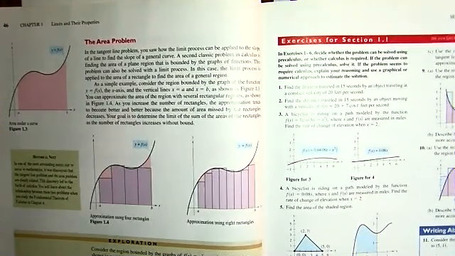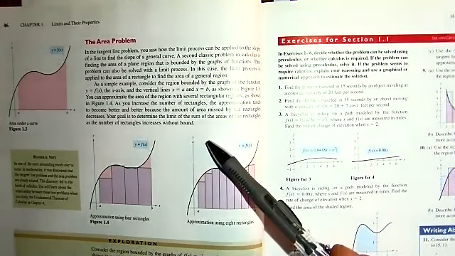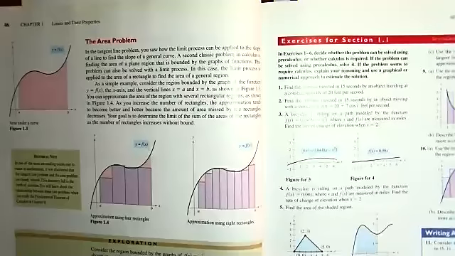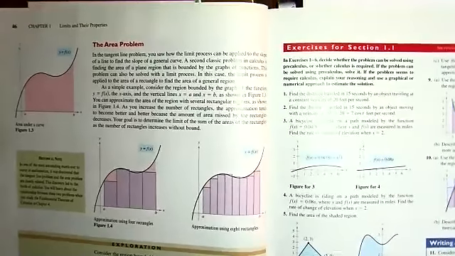So this area problem is going to be the focus of the remainder of our time in calculus. That was a flashback to where we were back in chapter 1.